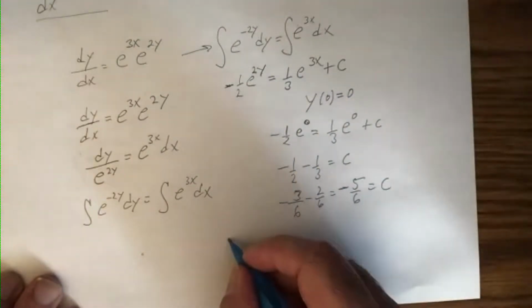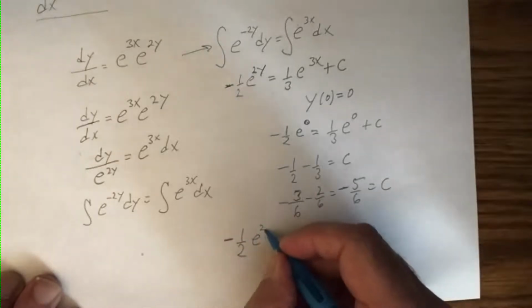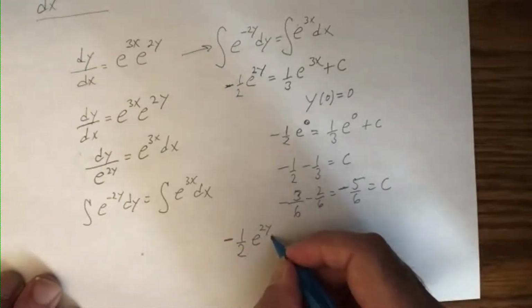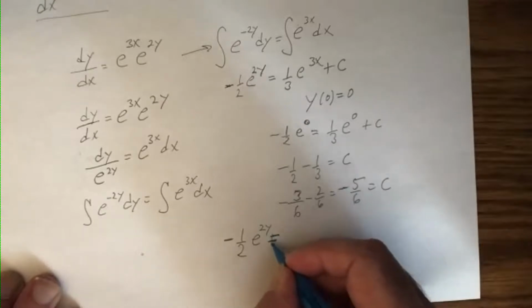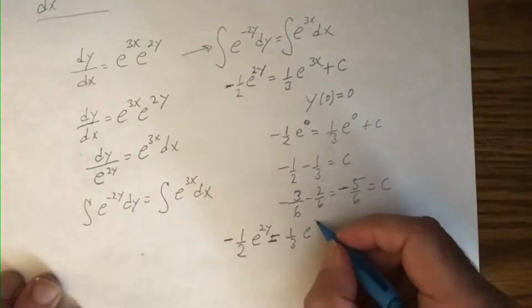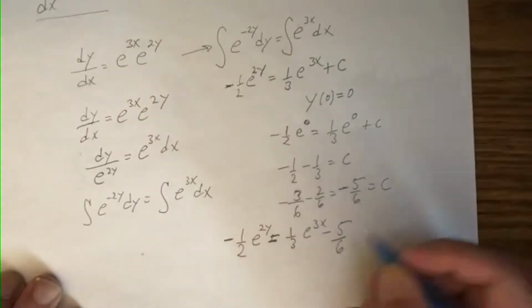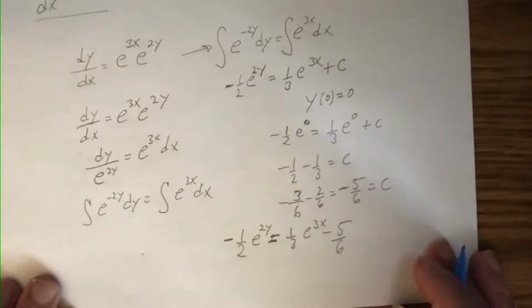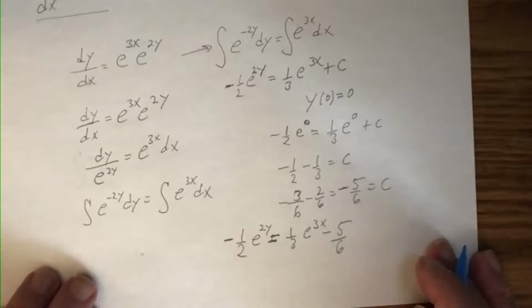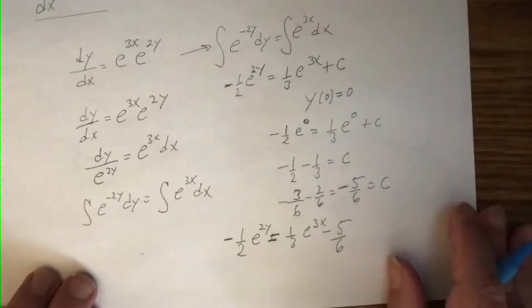So my solution then, I can write as minus 1/2 e to the 2y is equal to 1/3 e to the 3x minus 5/6. You could certainly leave it that way, but there are other ways of writing it.